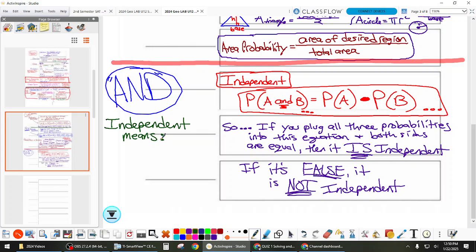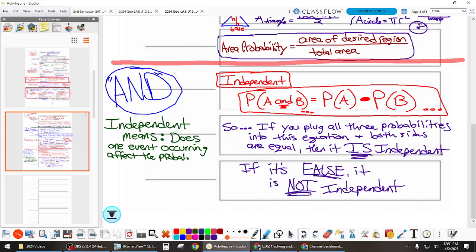Independent means: does one event occurring affect the probability of the other event occurring? I'm having trouble writing that word.